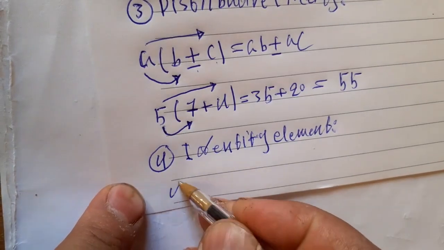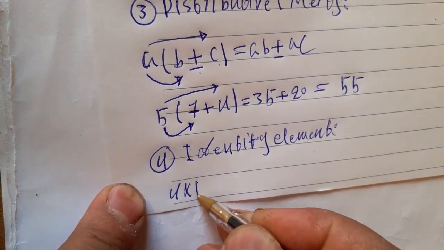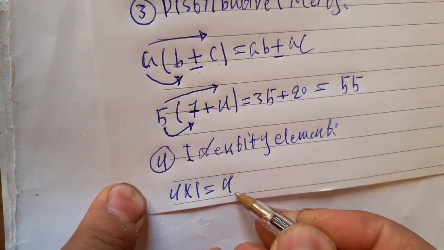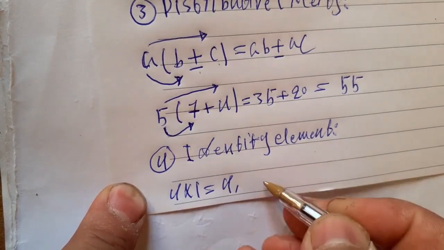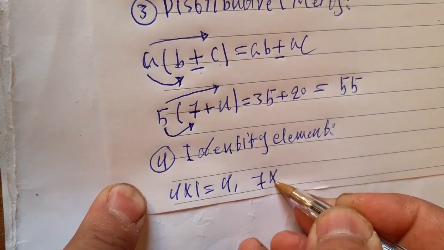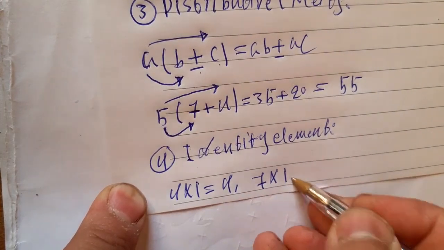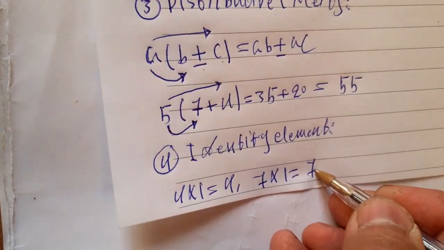For example, 4 times 1 equals 4. 7 times 1 equals 7.